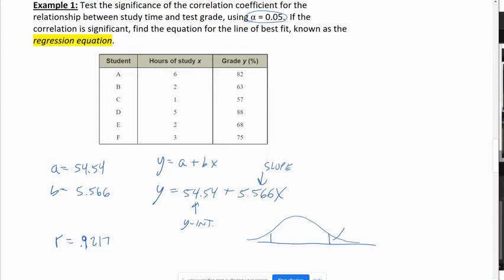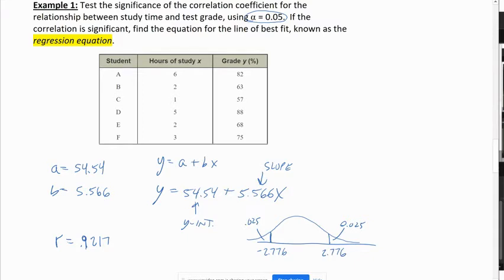Since alpha is 0.05, this would have to be 0.025 here and 0.025 here. If you do inverse T of 0.025, this comes out to be a T value of negative 2.776, and then positive, same thing.